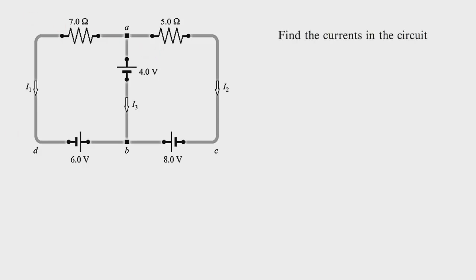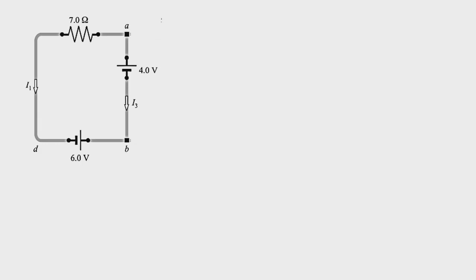And so we are going to find the currents in the circuit, and then the formula to be applied is the Kirchhoff's node rule, which is I1 plus I2 plus I3 is equal to 0. So we are going to isolate first the first loop, and you notice that there are two variables in here, I1 and I3.